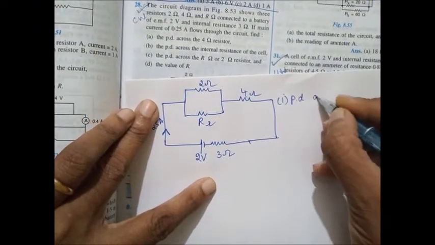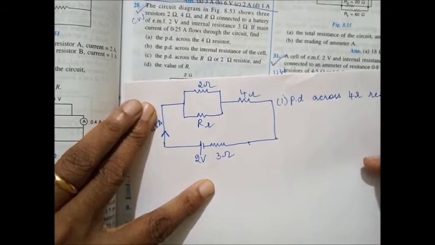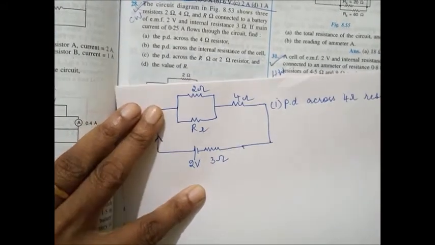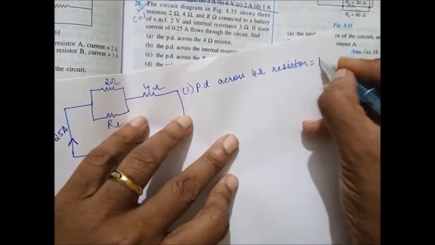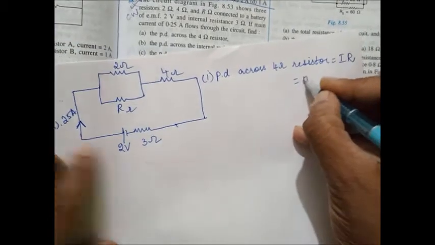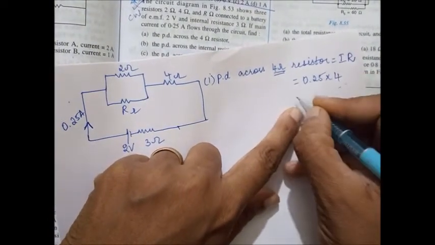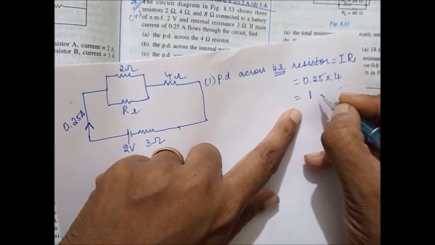First is PD across 4 ohm resistor, potential difference across 4 ohm resistor. So I into R. Okay, current is 0.25, and because they have asked across 4 ohm, into 4, that is 1 volt.